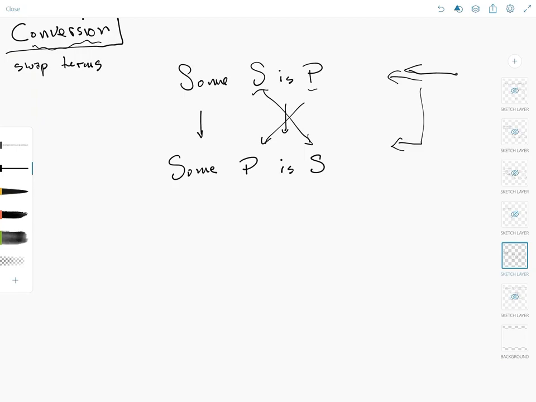Now notice you can do this with any categorical proposition. So we have four types. You can apply this transformation process to any of them. So for instance, we could start with no S is P, and what we would do is swap the subject and predicate terms, keep everything else the same, right?